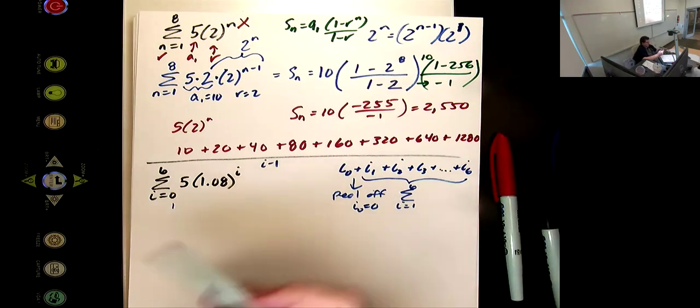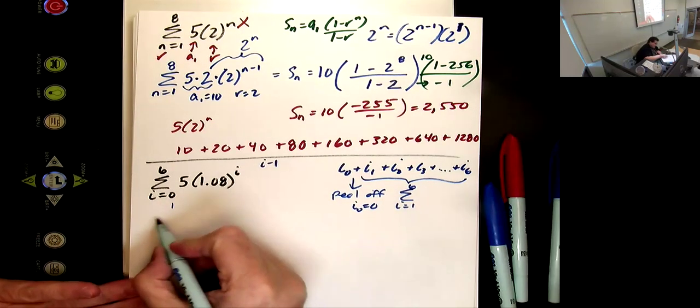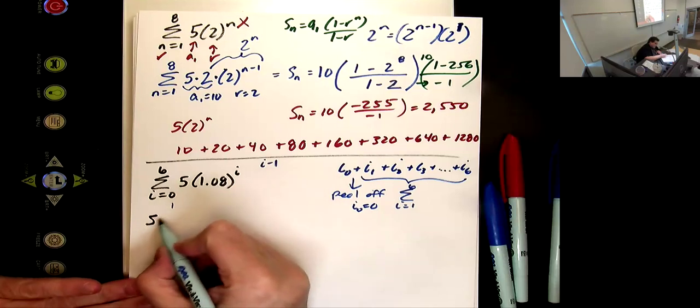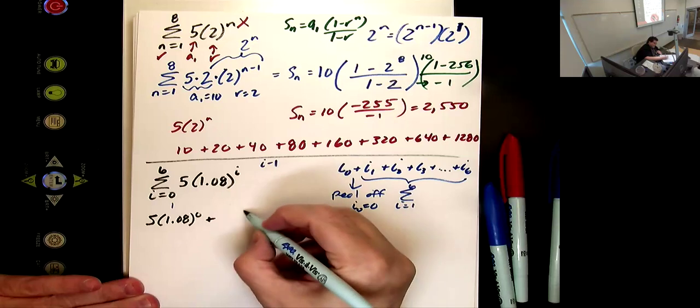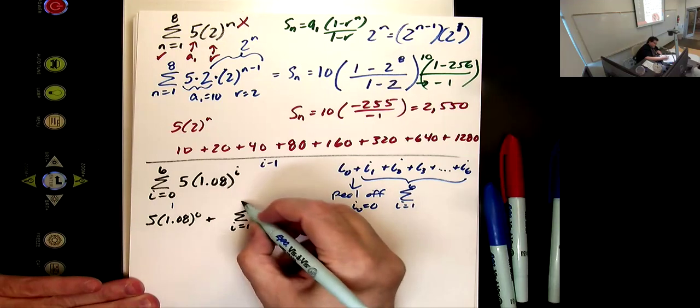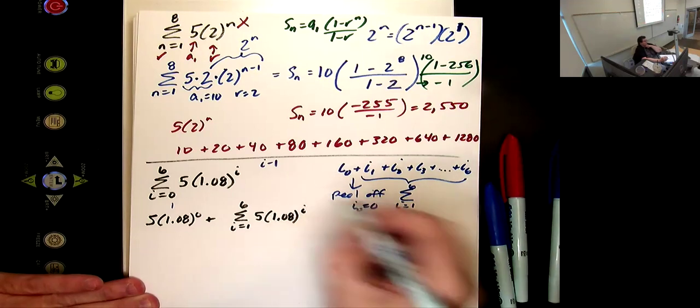So we'll do that first. i equals 0 is 5 times 1.08 to the 0 power, plus the sum from i equals 1 to 6 of 5 times 1.08 to the i.